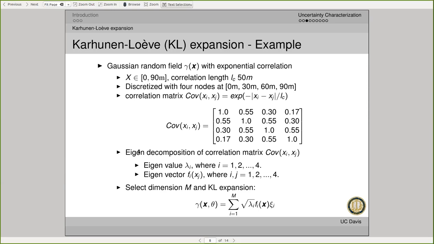Then we can perform the eigen decomposition of such a correlation matrix and get the eigenvalues and eigenvectors. Then we can combine them with some chosen dimension M to get this KL expansion.